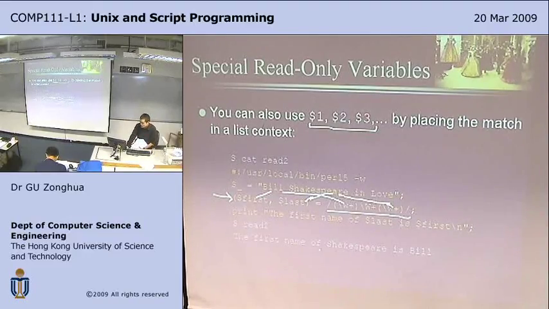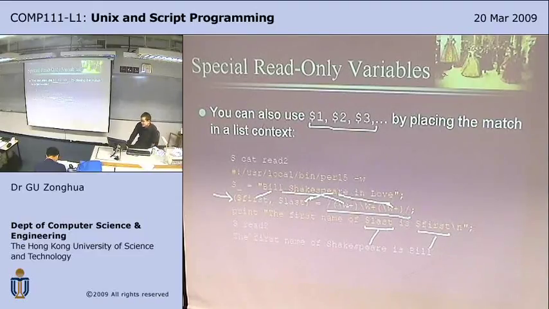So it'll say the first name of the last, Shakespeare, is first, which is Bill. Of course, in this case, you happen to have two parentheses and two variables.